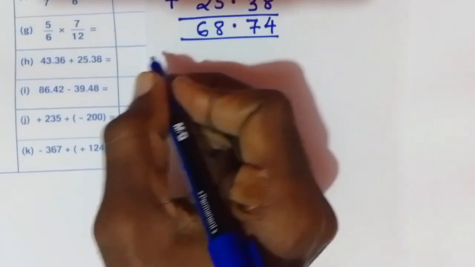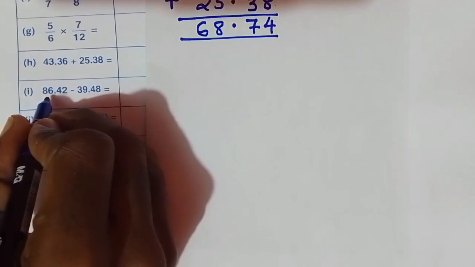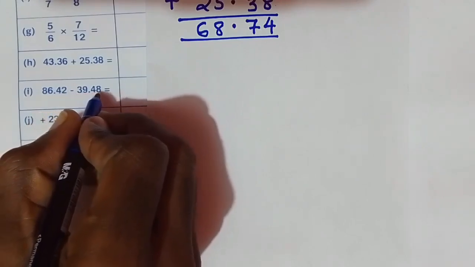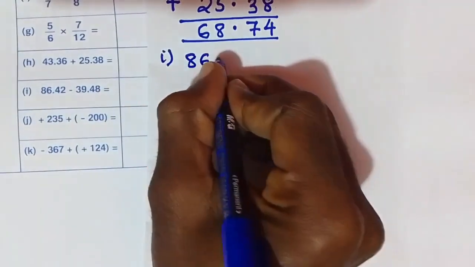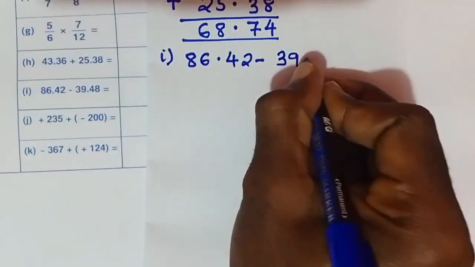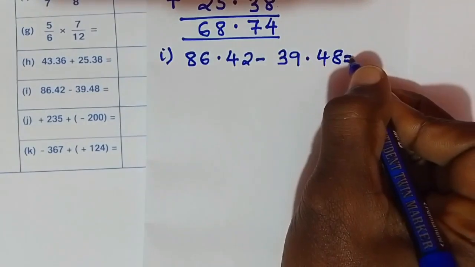Now let us do I. Also, it is a decimal question. We have 86.42, take away 39.48. Let us put into vertical format.